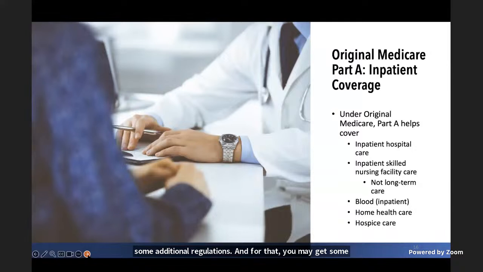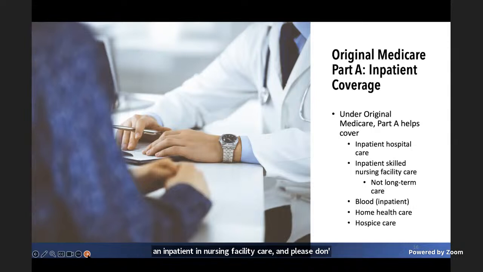All right. So we're going to hop back over to original Medicare because that's the easiest one to talk about. It's basically the same anywhere you go. Medicare Part A is your inpatient hospitalization coverage. So when you're an inpatient in a hospital or an inpatient in nursing facility care, and please don't confuse this with long-term care, this is more like rehab.